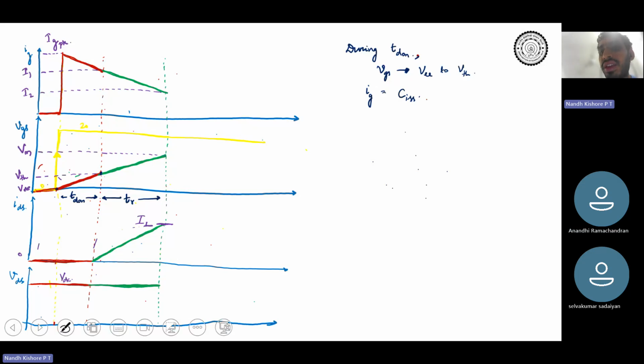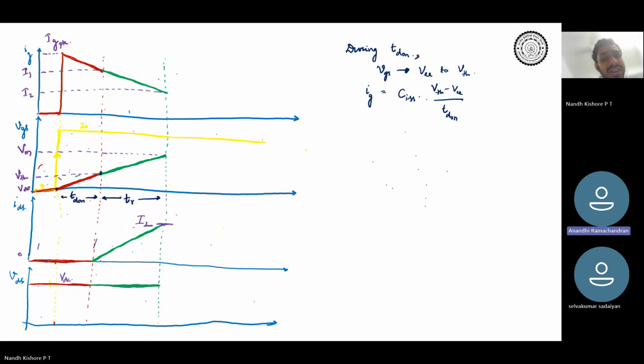So what is the change in VGS? V threshold minus VEE divided by the time period TD on. Do you follow this? C dV by dt during interval 1, during TD on. Do you follow? Yes.